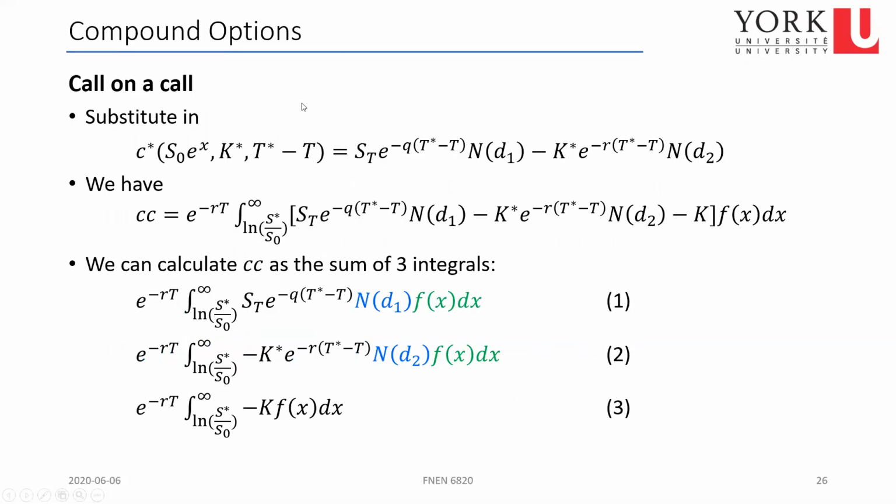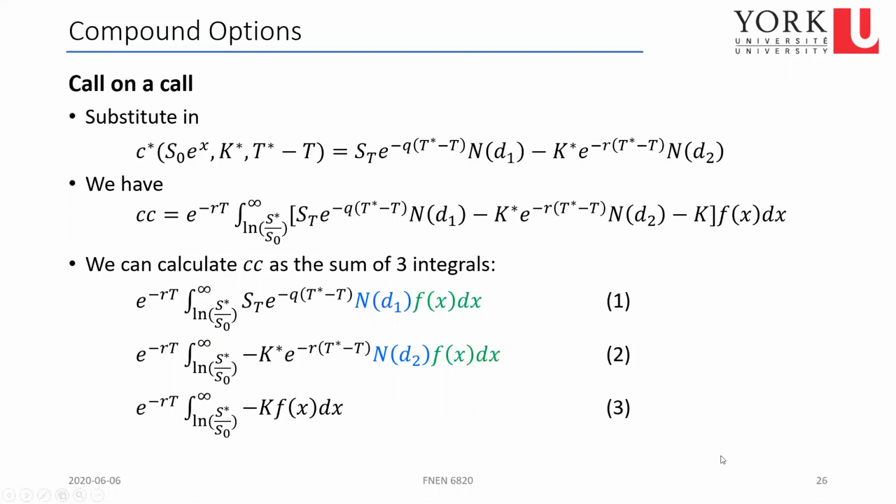If we substitute in the closed form solution for C star, we'll have this closed form solution minus K in the integral.